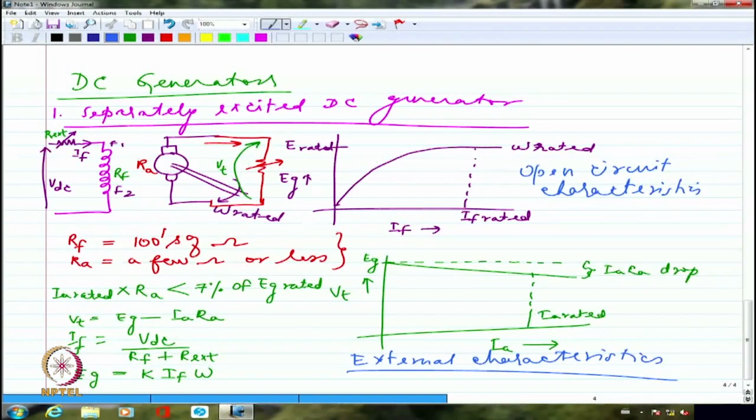There was no problem. But the moment I connect the load, the armature starts carrying current, and it is definitely going to throw its own spanner into the entire field of things. So I am going to have some variation in the flux in the form of something called armature reaction.